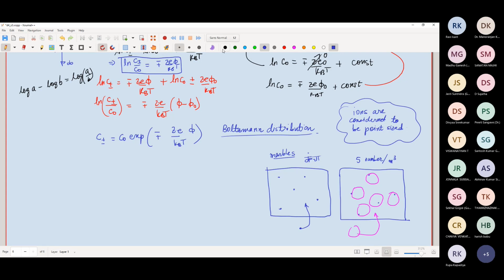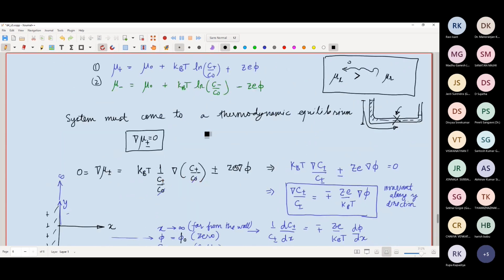With that in mind, we must appreciate the fact that the Boltzmann distribution automatically assumes that the ions are point sized, and there is a host of different things you must account for if the ions have finite size. And where do you think the finite size will become an issue?